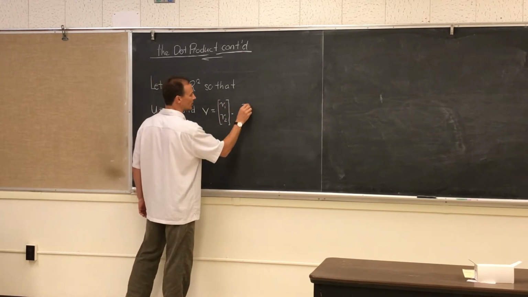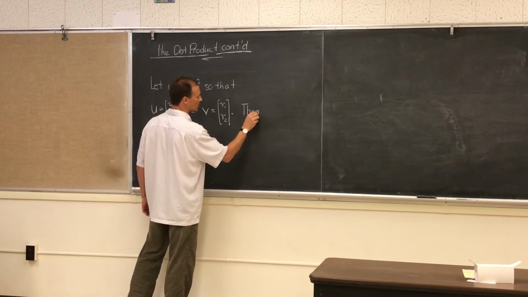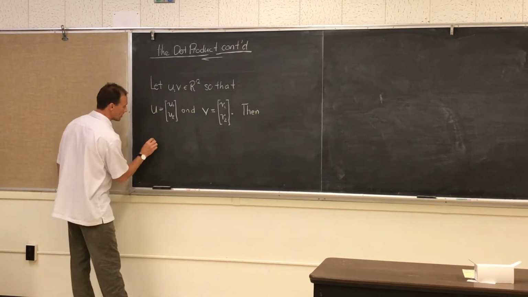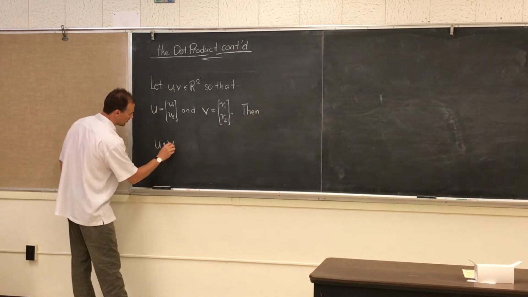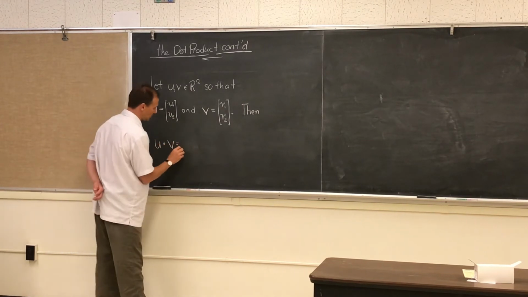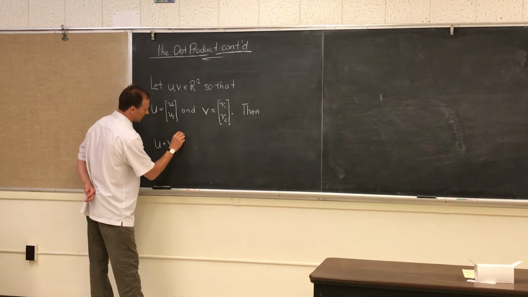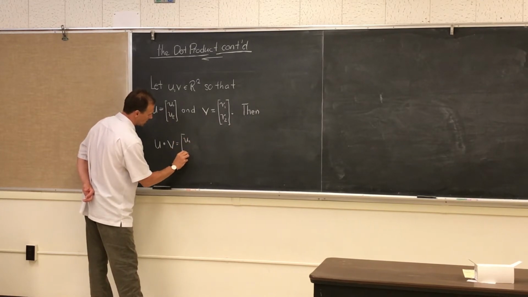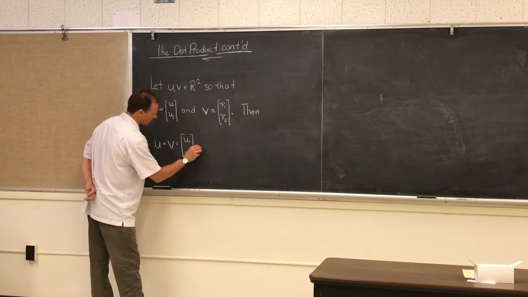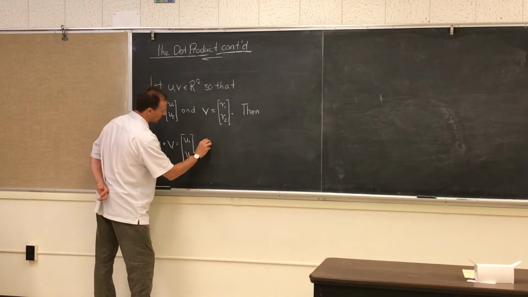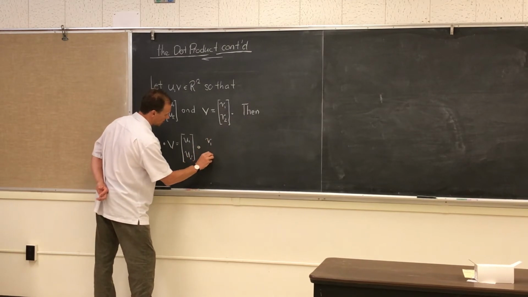So then let's see the dot product. U dotted with V is equal to, let's write that out, the vector U1, U2 dotted with the vector V1, V2.